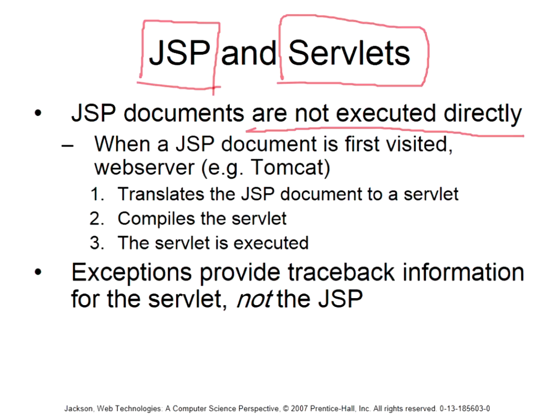If there is an error in compilation or in execution, this error provides information about the line in the servlet and not in the GSP. That means the server provides us traceback information for the servlet and not for the GSP. Other questions?